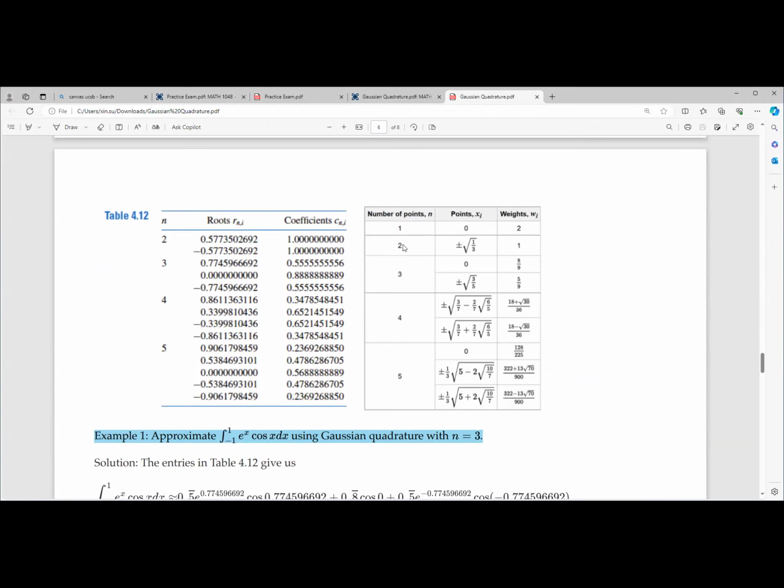So we are going to use this block, and then we get the point values. The point values should be x1 is the negative square root of 1/3, and then x2 is just the square root of 1/3. And what do we have for the weights? The weight C1 equals 1, and then C2 also equals 1.